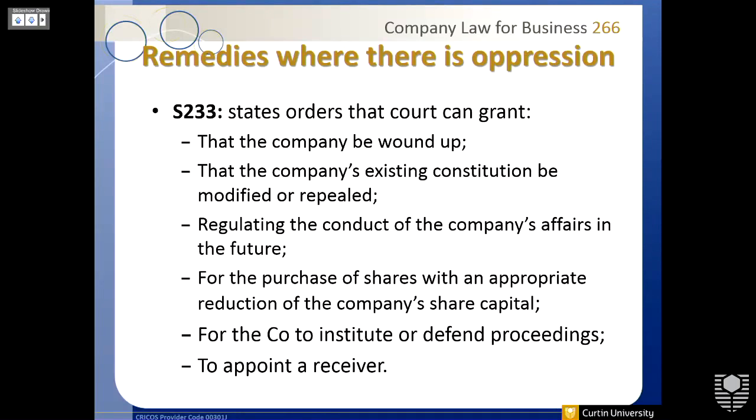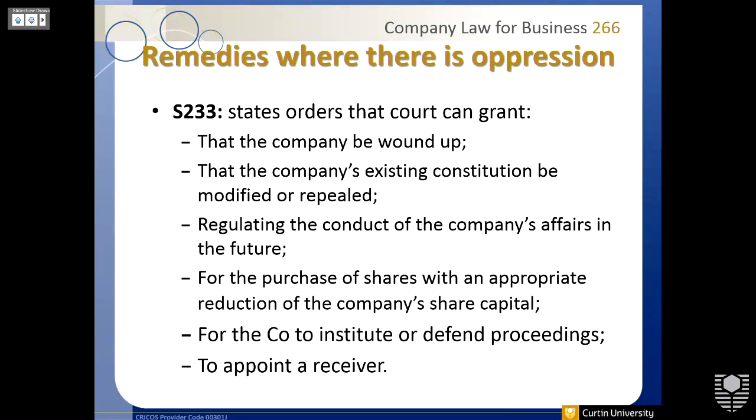For the purchase of shares with an appropriate reduction of the company's share capital, this is share buyback, and for the company to institute or defend proceedings. So here, the court can say one of the members can take an action on behalf of the company, and sometimes it could be a situation where there is an appointment of a receiver.